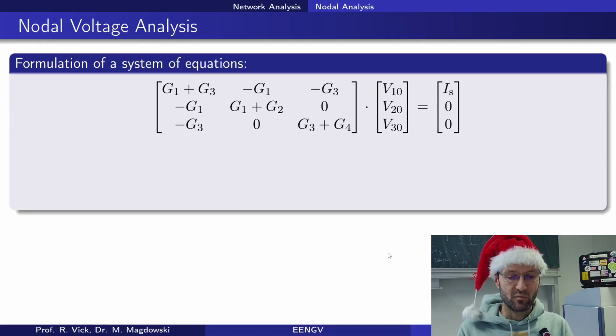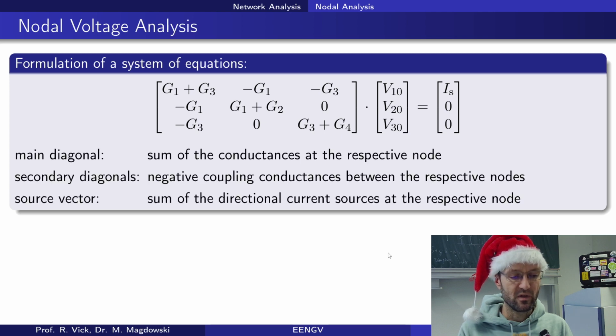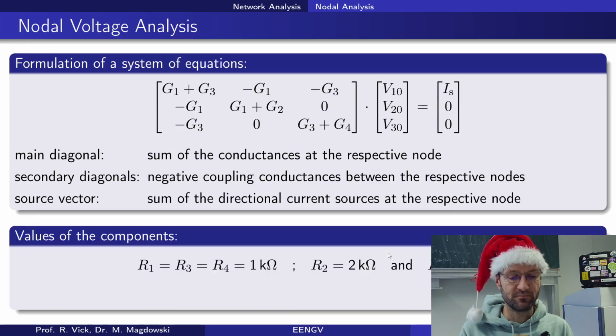there we have our system of equations. And there we have a summary of these rules for the main diagonal, for the off diagonal, and for the source vector inside this matrix and inside the vector. So then we can have some values.